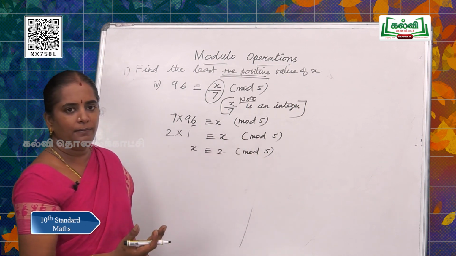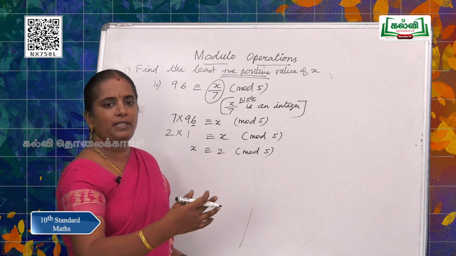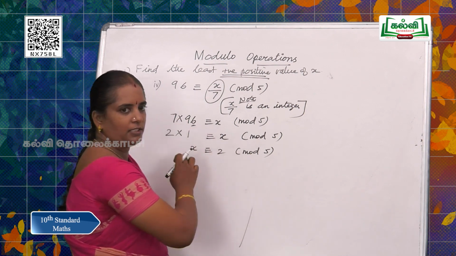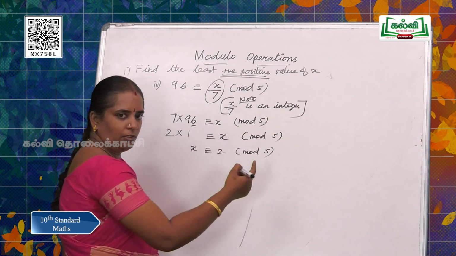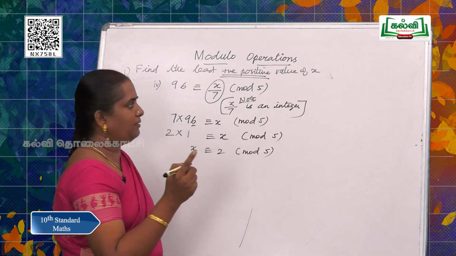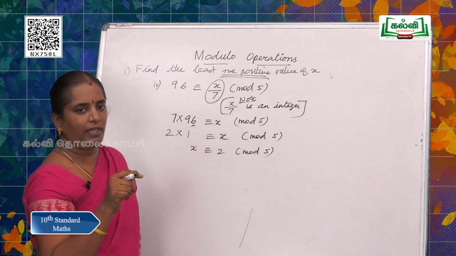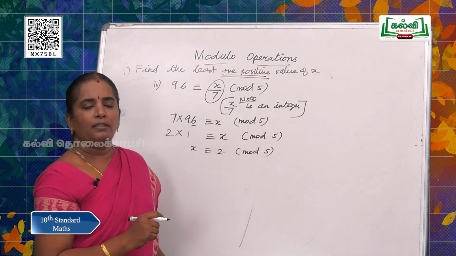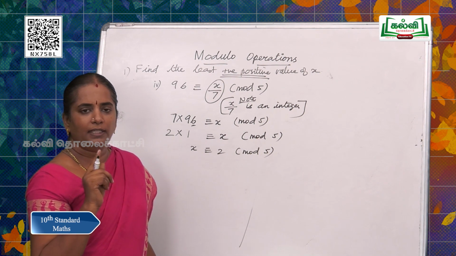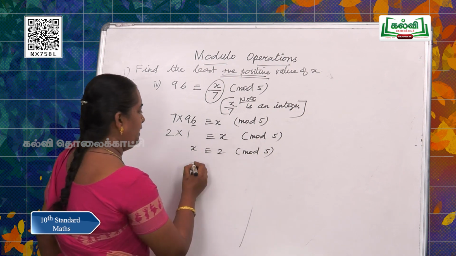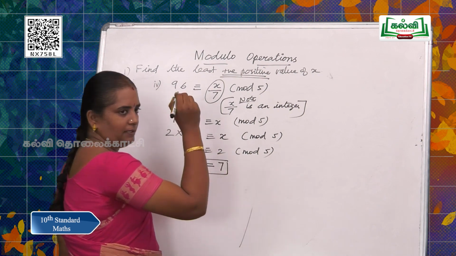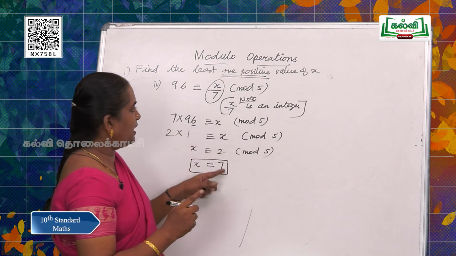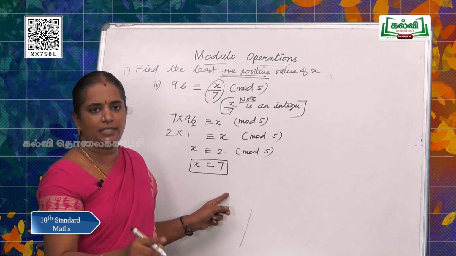How will you get it? Moving forward means adding this modulus to that particular number. So, adding 2 with 5 we get 7. We have to check here. So, 7 divided by 7 comes as an integer 1. So, x is equal to 7 is our answer. Keep that in mind. We have to check whether we get the integer answer.